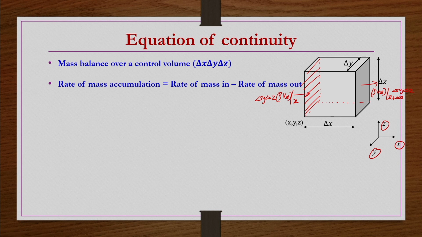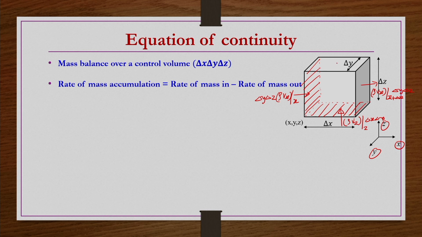Likewise, the rate of mass entering in the z direction is rho Vz at z multiplied by the area of the face through which it is entering, which is delta x multiplied by delta y.